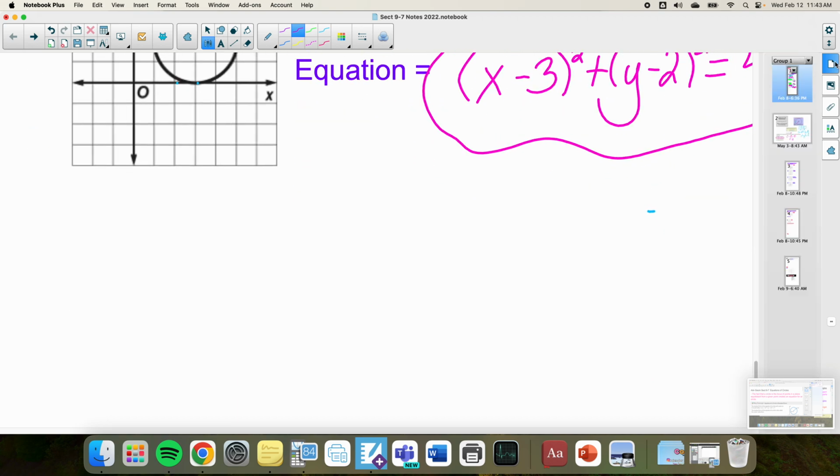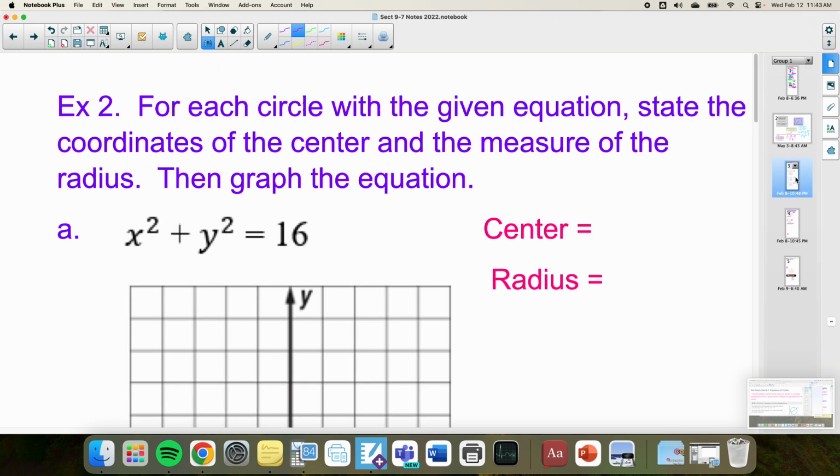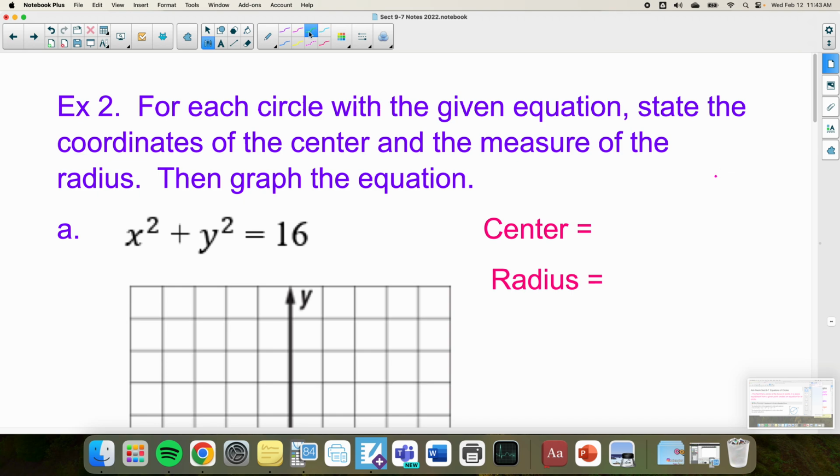Okay. Now, if we go to this page, this should be really quick for you guys. You're going to get graph paper, and they're going to give you an equation. Maybe next to the graph paper, just tell me what the center and radius are, and then graph it. So in this one, what would our center be? 0, 0.